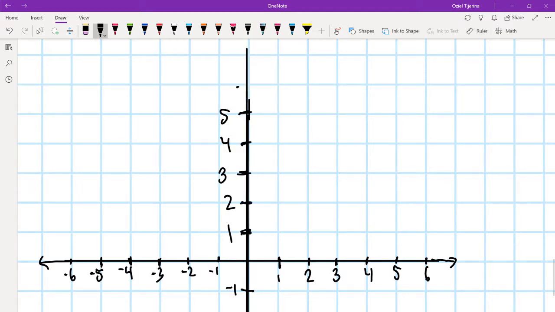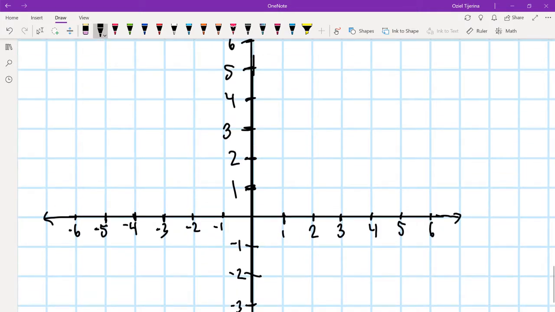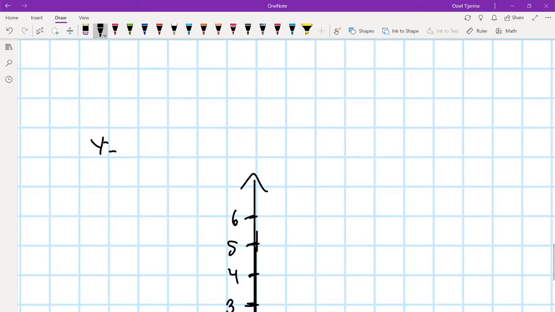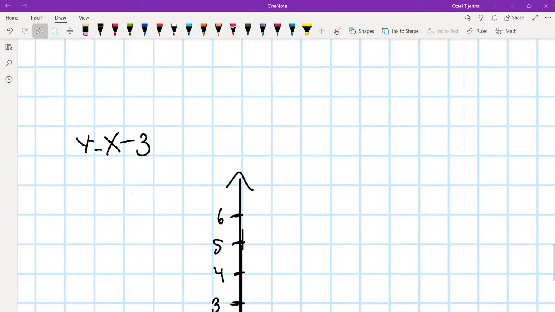So what you do is you go ahead and say, let's say we want to graph y equals x minus 3. You can do one of two things.